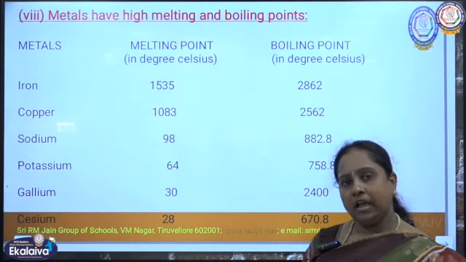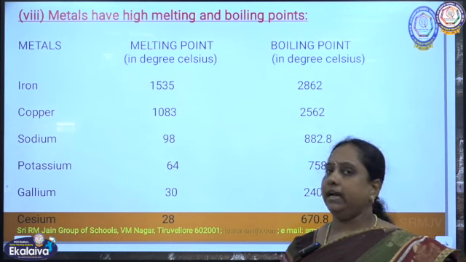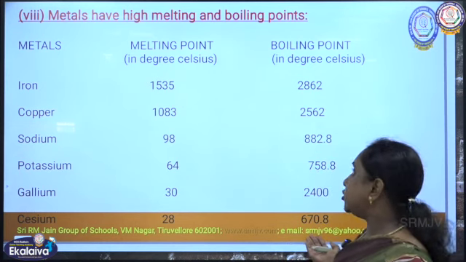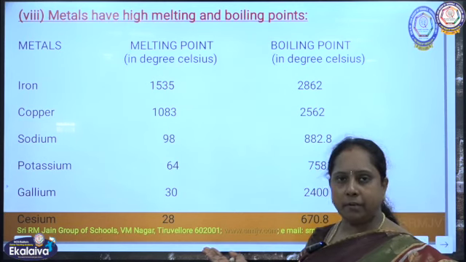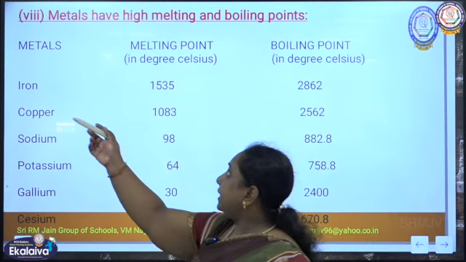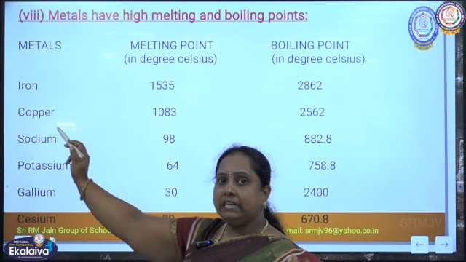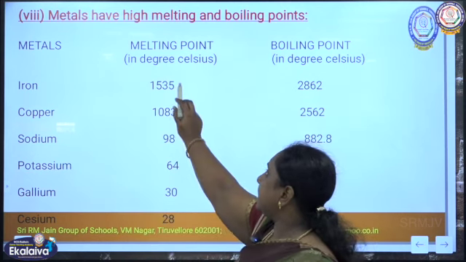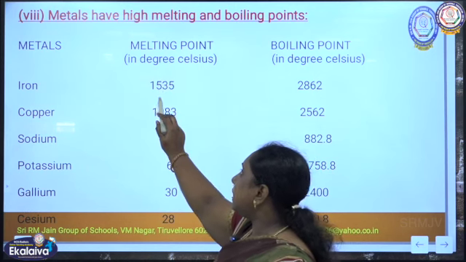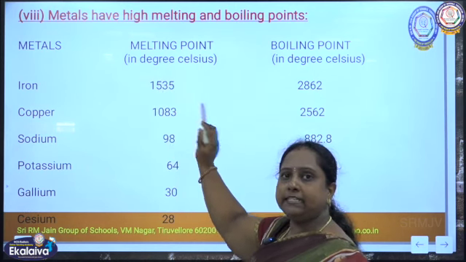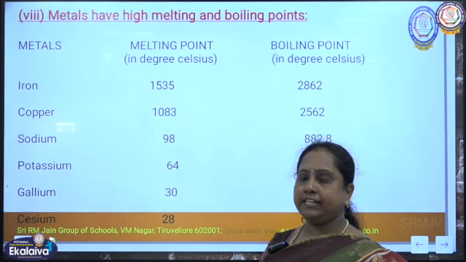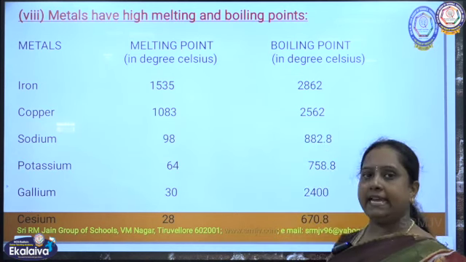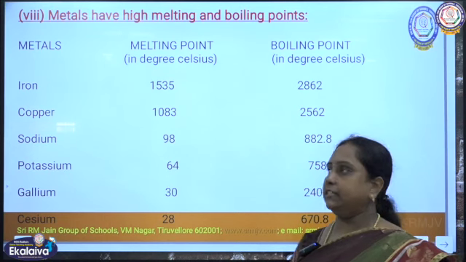Metals have high melting and high boiling point. And here we have some ranges of melting and boiling point of some of the metals. If you take iron, which is the hardest and strongest metal, its melting point is 1535 degrees Celsius, and its boiling point is 2862 degrees Celsius.